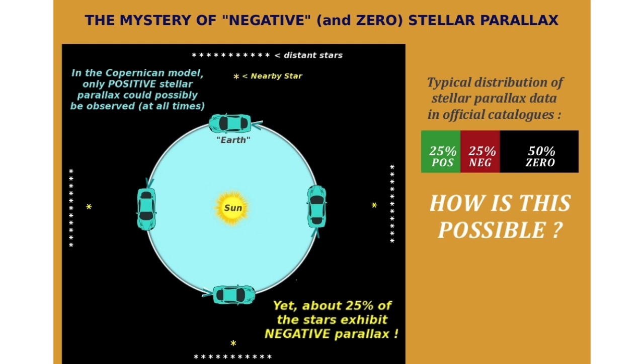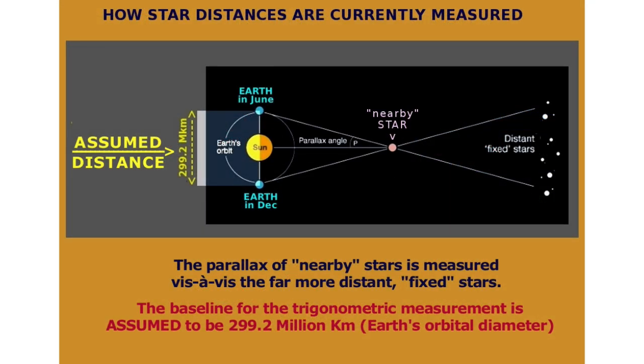So what do they do? One day they look at a given nearby star, and they wait for 6 months and look again at the same star, because then they assume that we have moved laterally by 300 million kilometers. Then they take the second measurement, compare it with the first, and do some simple trigonometry, and they determine how far that nearby star is.